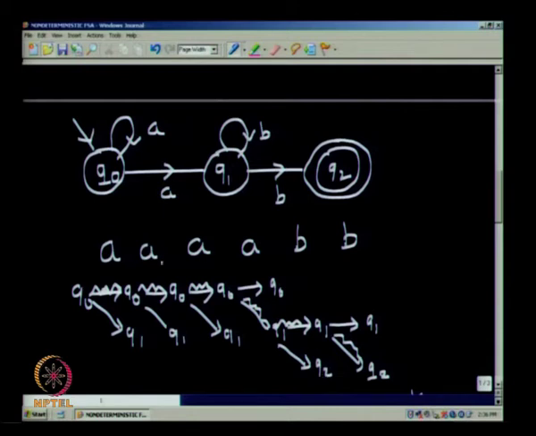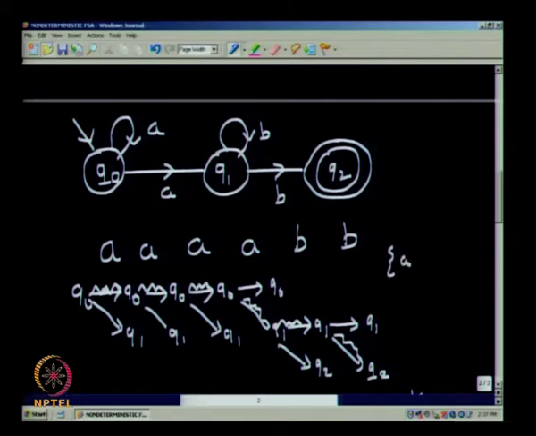So, a, b can be accepted, a a b also will be accepted because one of them is a final state. So, the language accepted here will contain strings of the form a power n, b power m, n, m greater than or equal to 1.